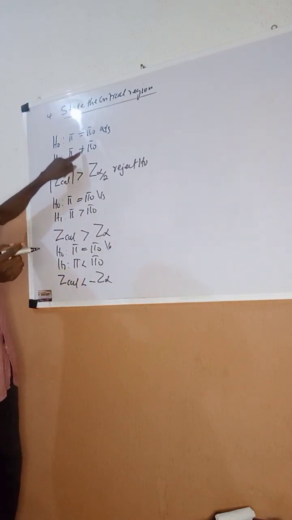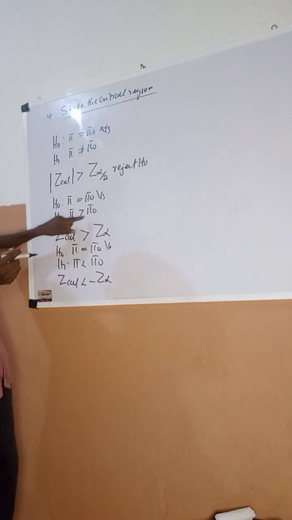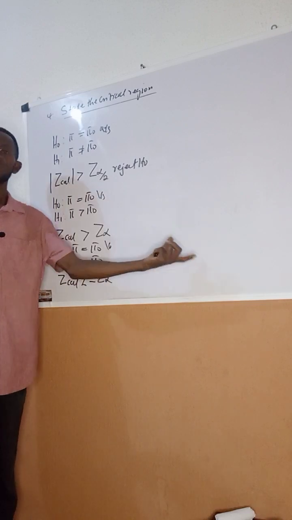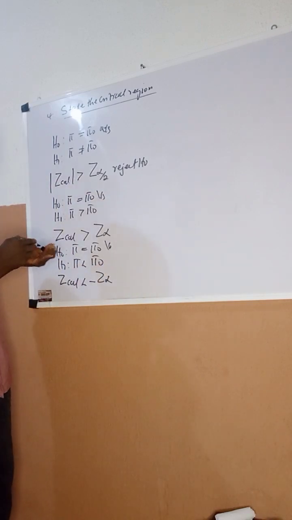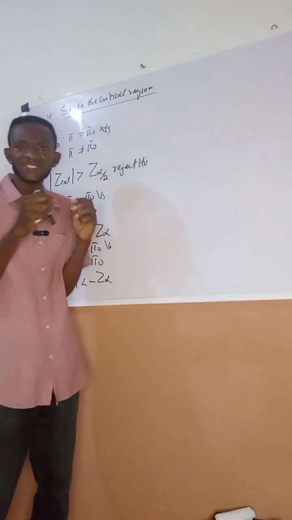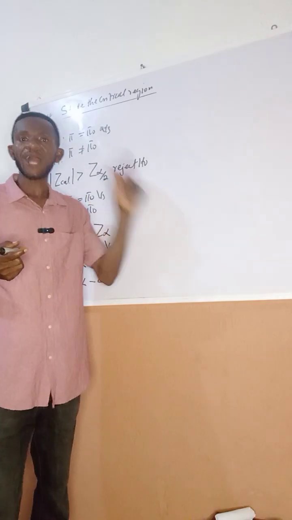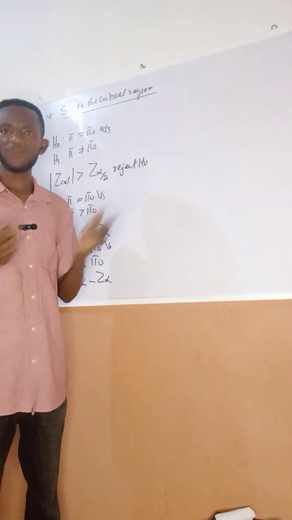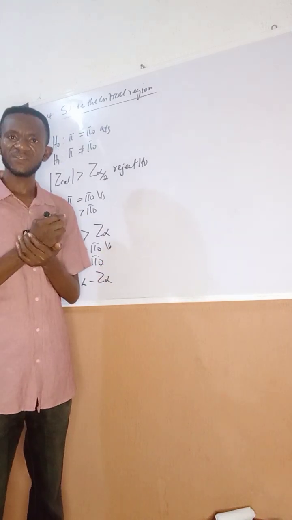This one is for two-tailed tests, two-directional. This one is for one tail to the right, and this one is for one tail to the left. When we talk about the critical region, we are talking about the set of possible values of the test statistic that will lead us to rejecting the null hypothesis. That's exactly what we mentioned.